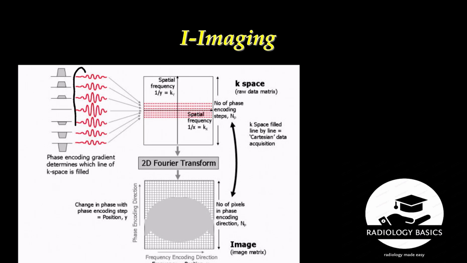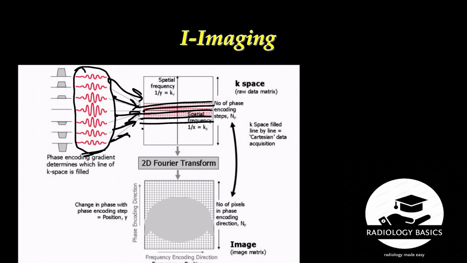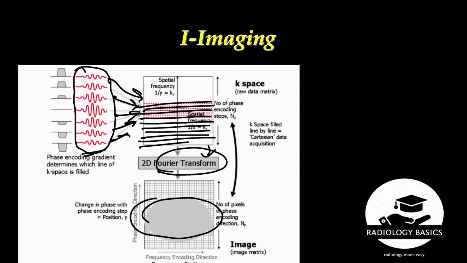The echoes produced by all hydrogen atoms are transferred to K space. Here we can see multiple lines. This is what we call K space. After filling all this K space, it undergoes a Fourier transformation, and then the image is produced.